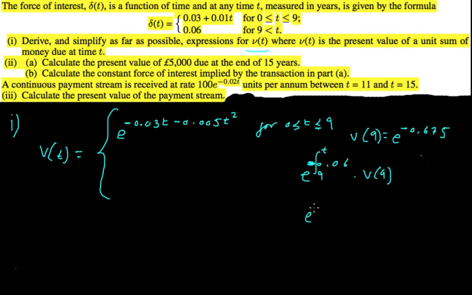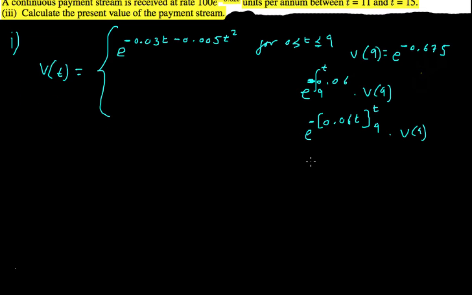And so that's then going to be e to the negative 0.06t in between t and 9, still again multiplied by v of 9. When we simplify this, it's just going to be e to the negative 0.06t when we sub in t, and then minus when you sub in 9, and there's a minus out there, so putting two minuses together, 0.06 times 9 is going to be 0.54, and multiplied by v of 9.